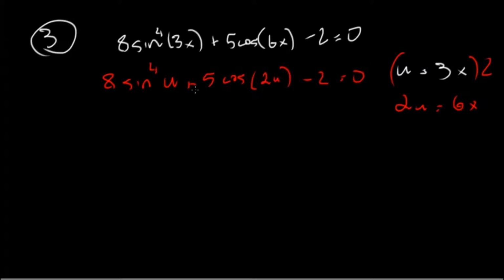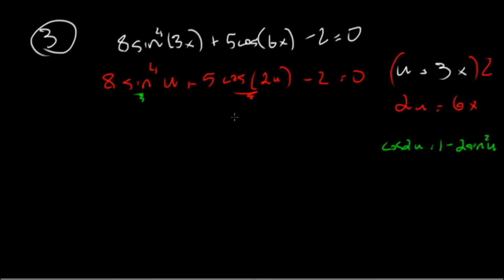Cool. All right, so what else can I do here to clean this up? Let's go ahead and use the identity now. We got cosine 2u, which we need to choose which of the 3 identities we want to use. And because I got the sine over here, I'm going to use the one with sine in it. So cosine 2u is going to be equal to 1 minus 2 sine squared u, sorry.